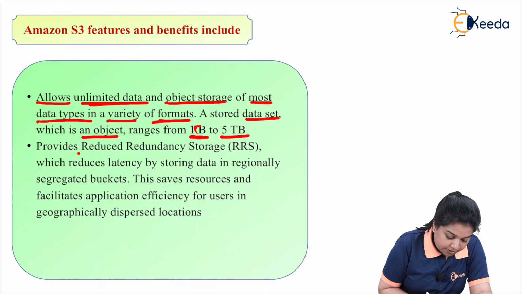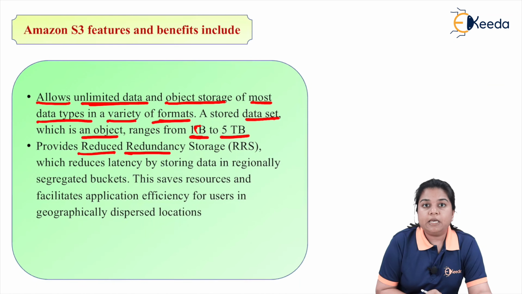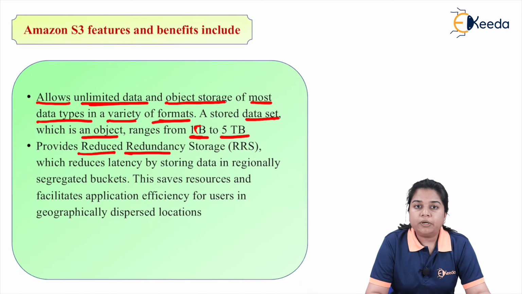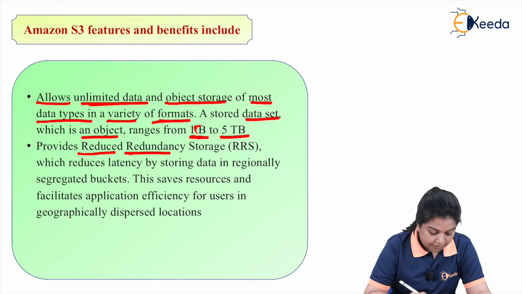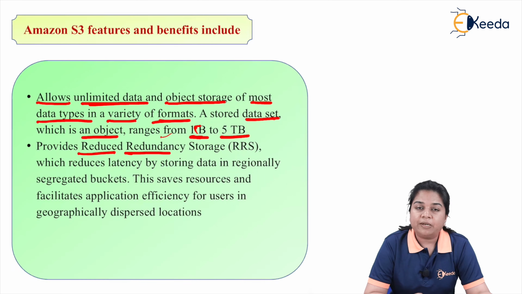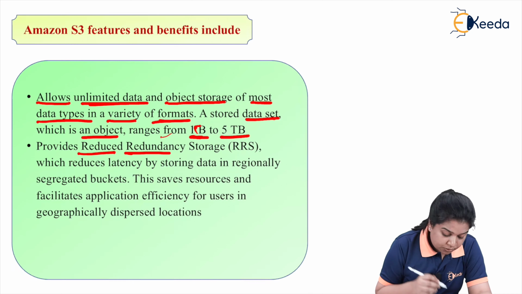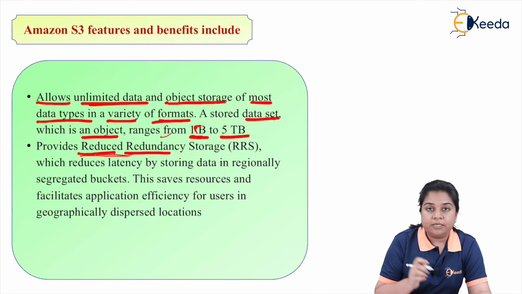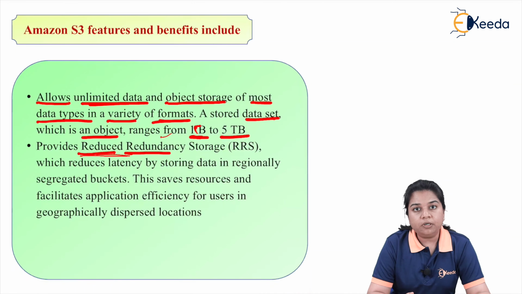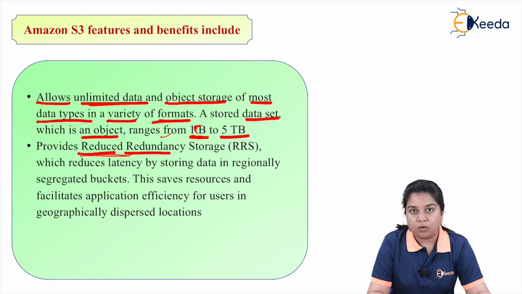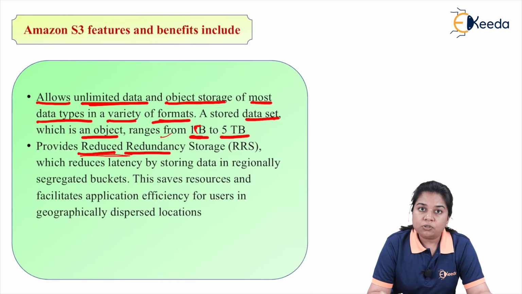Then it provides reduced redundancy storage. As we all know, redundancy is multiple copies of the same data that are created, that means duplication of data. Redundancy is important in cloud computing so that your data never gets lost.